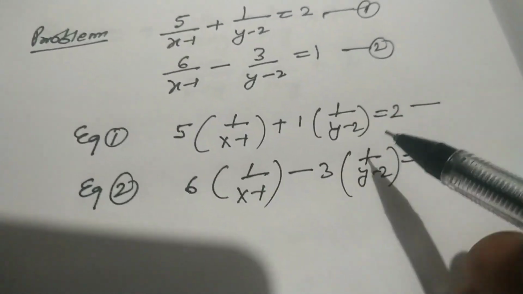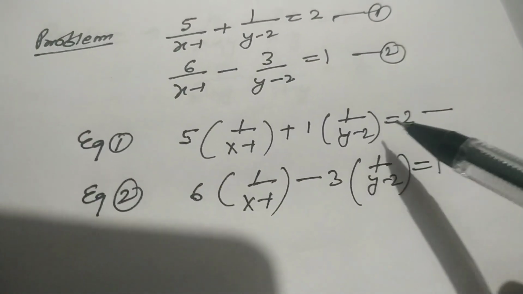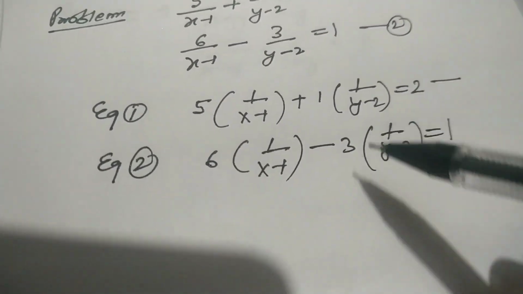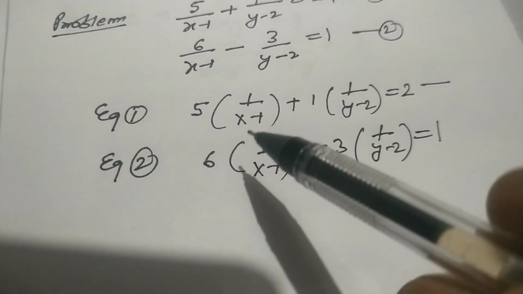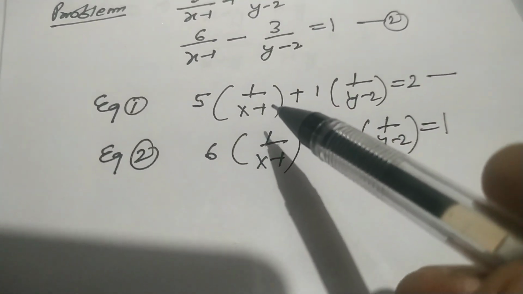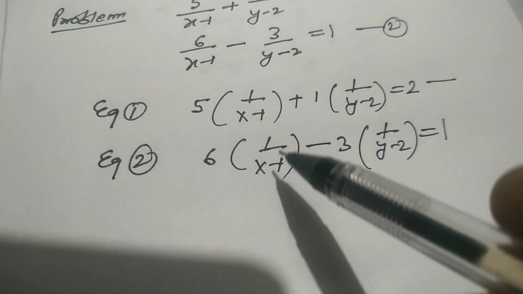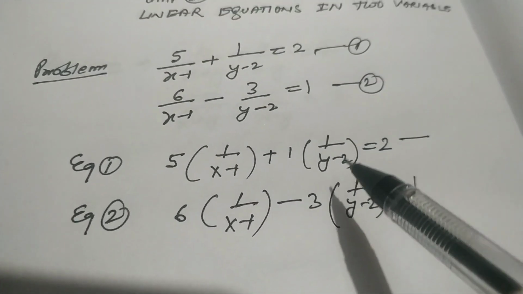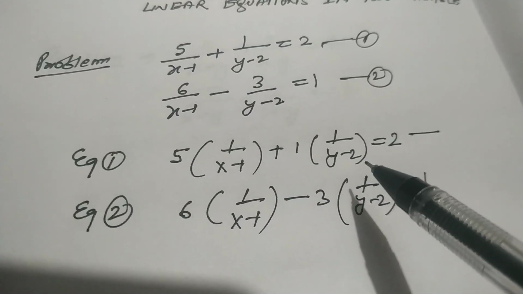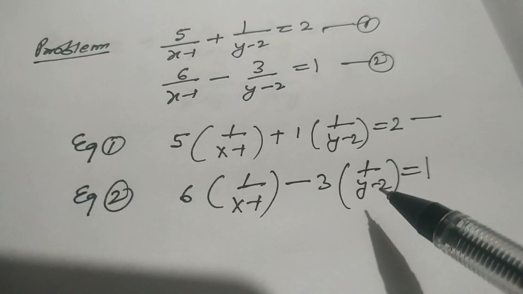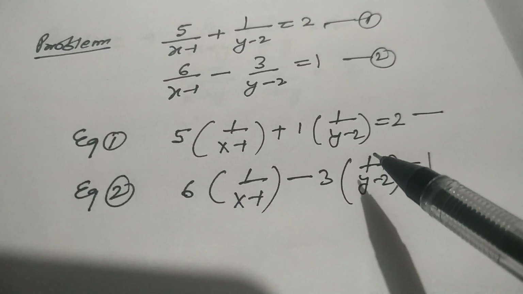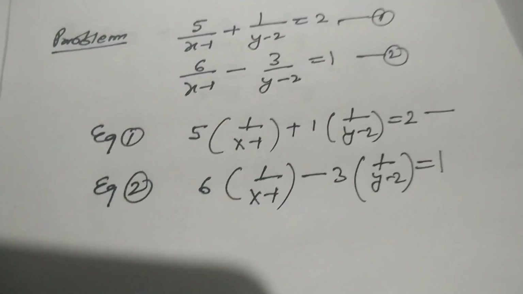Now see, in both equations we rewrite them in this form. Now check it. The term 1 upon x minus 1 is in the first equation, and it is also in the second equation. And the second term is 1 upon y minus 2, which is also in the second equation.